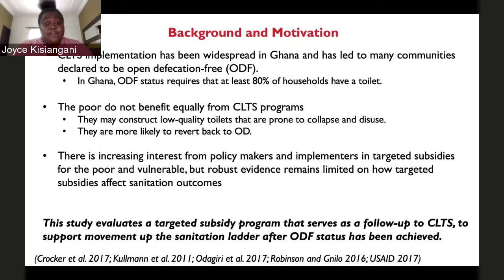However, there's growing evidence that the poor and vulnerable do not always benefit from community-led total sanitation programming, and this is because they tend to construct low-quality latrines, which tend to collapse, and so they revert back to open defecation. Because of this, there is growing interest within the sector on how best to reach poor and vulnerable households, but there is a lack of robust evidence on how best to target subsidies in a way that would affect sanitation outcomes.